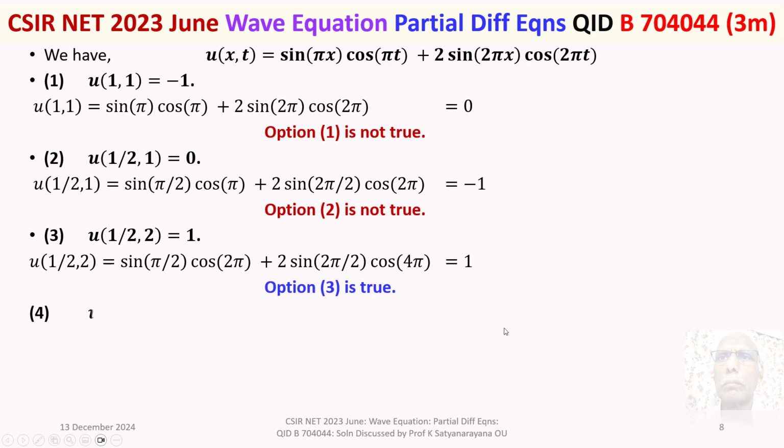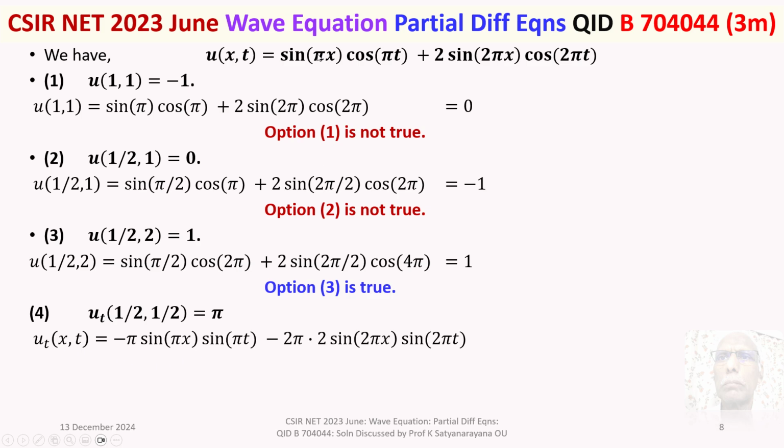Go to the fourth option. The partial derivative of u with respect to t at (1/2, 1/2) is pi. So take this solution. Differentiate partially with respect to t. u_t(x,t) is equal to sin pi x into the differential of cos pi t, which is minus sin pi t with respect to t times pi.